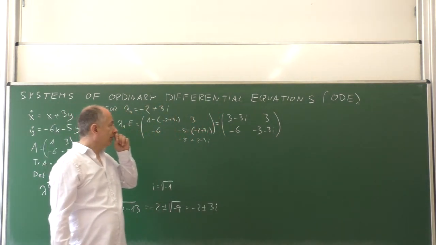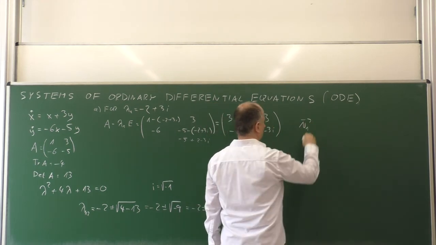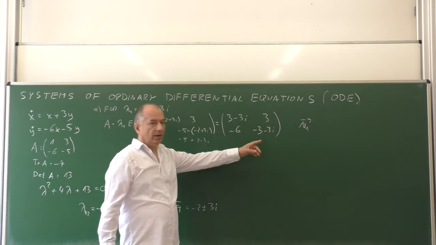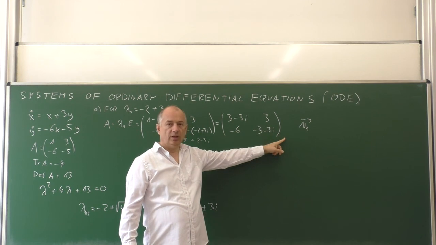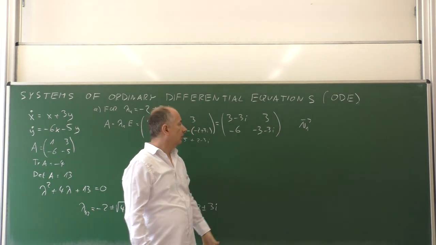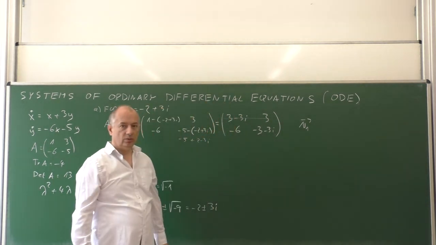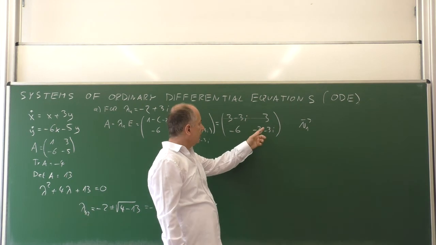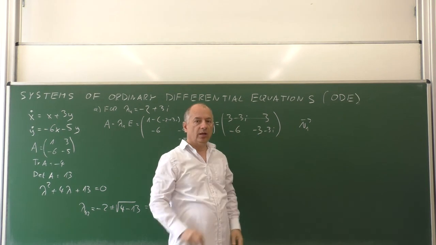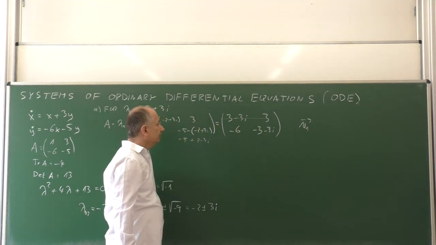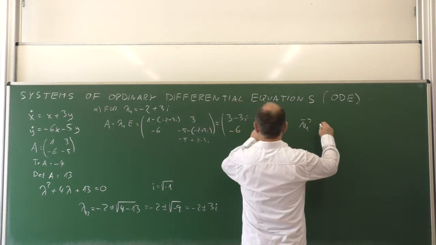And then, similarly as before, we want to find the eigenvector v, which is in the null space of this matrix. That means if you multiply this matrix by the eigenvector from the right, you get 0. That means the scalar product of this line with the vector should be 0. And this is easily obtained when we swap these two numbers and we multiply one of them with minus 1, which would give 3.